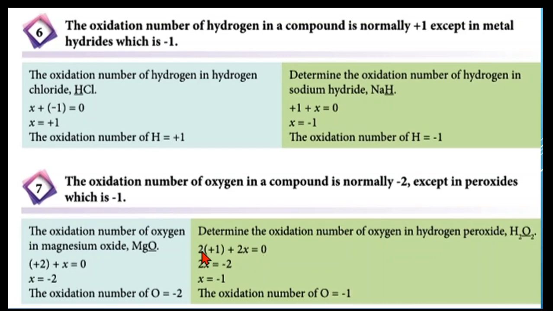So here 2 pindah di sebelah jadi negative 2. So X here, negative 2 divide 2 become negative 1. So nampak kan oxidation number dia, oxide itu become negative 1. Ini adalah pengecualian di dalam peroxides.